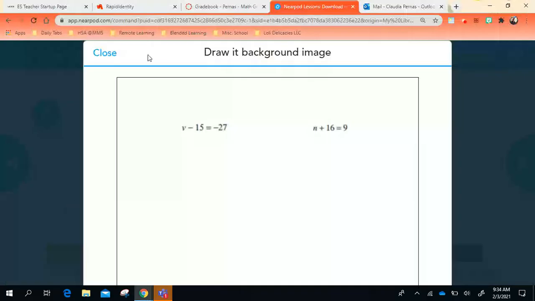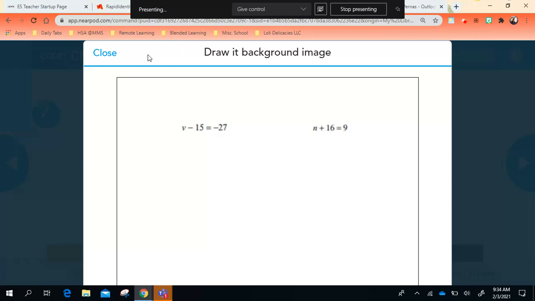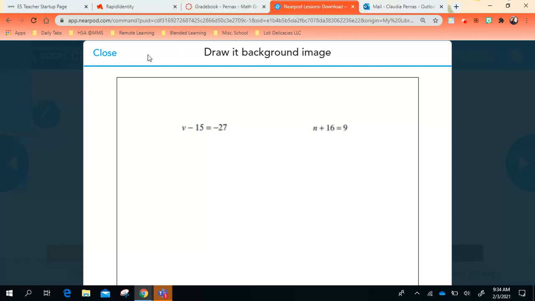Those of you at home, you're doing it on your computer. You can do it in your notebook and then write it on the computer. That is fine. I want to see you using the balance method, not the bar.